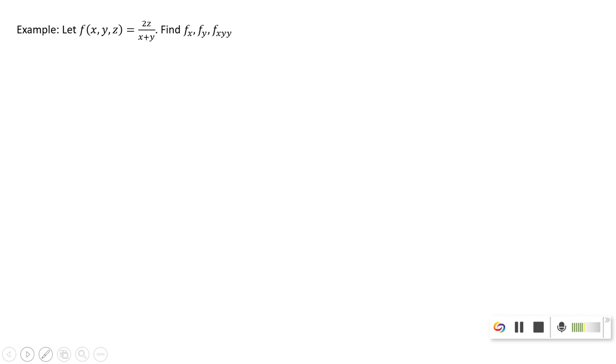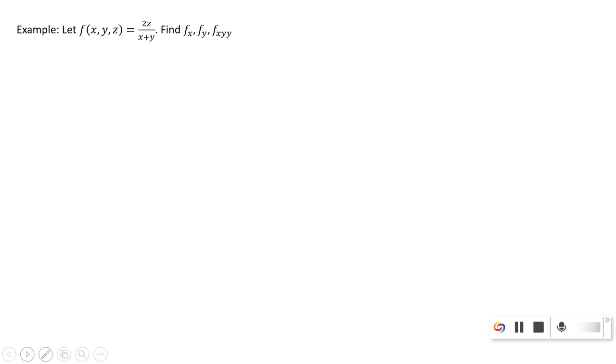These ideas of partial derivatives will extend to functions of any number of variables. I defined them just for functions of 2 variables, but you could have a function of 3 variables or 4 variables. So I have, for my last example, a function of 3 variables. F is actually a function of x, y, and z.